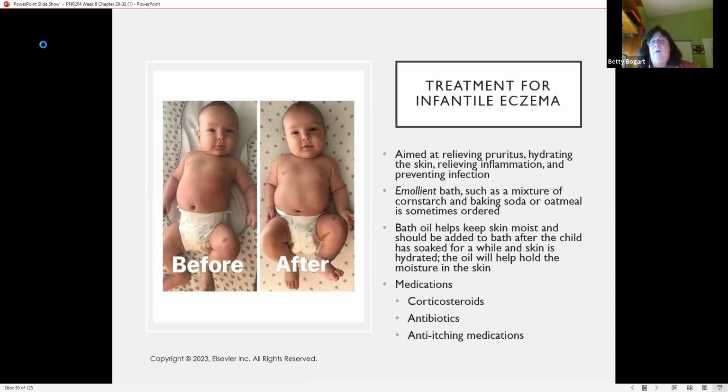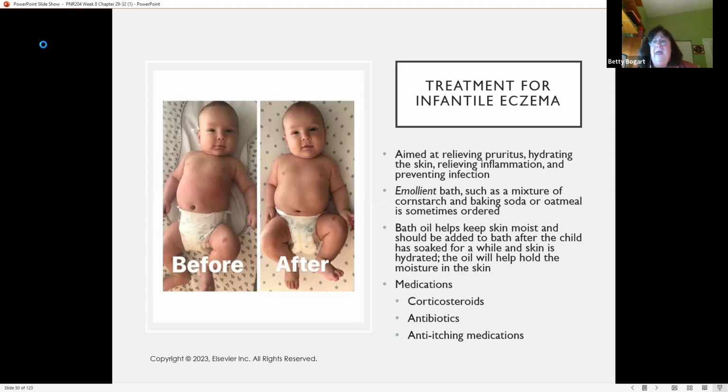We give them emollient baths, cornstarch, baking soda, oatmeal. There are all sorts of products. The child, it depends. We tell the parents just keep trying until you find one that works. Bath oil keeps the skin moist. And again, put oil back on their skin after their bath.